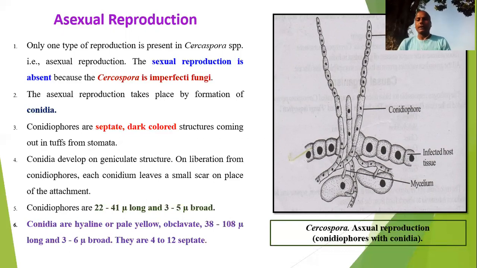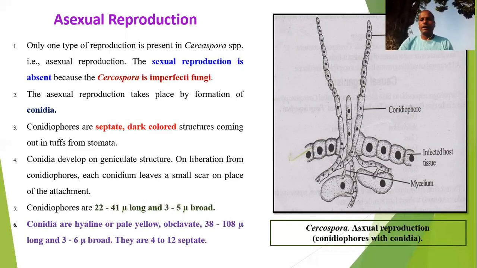Then the asexual reproduction takes place by formation of conidia. Where are the conidia present? The conidia are present on the conidiophore. And where is the conidiophore present? The conidiophore is present on the mycelium, and the mycelium is present on the surface of the leaf. The conidia are septate and elongated. At the tip of the conidiophore, there is a small chain-like arrangement of conidia.